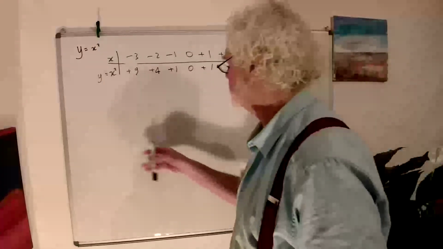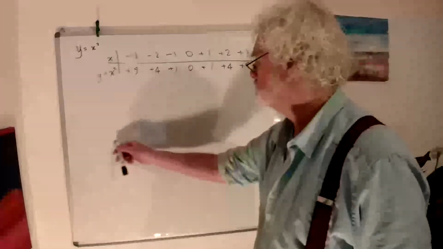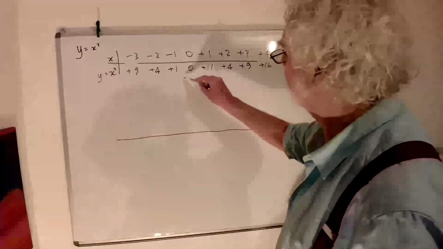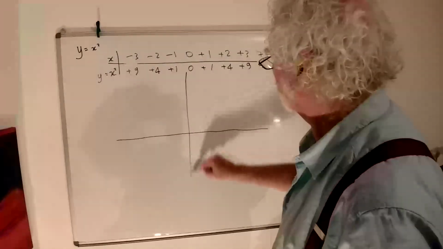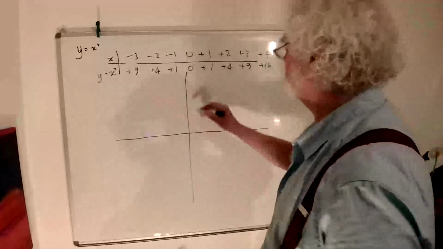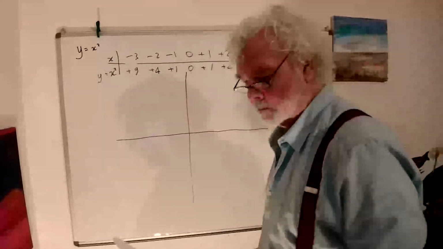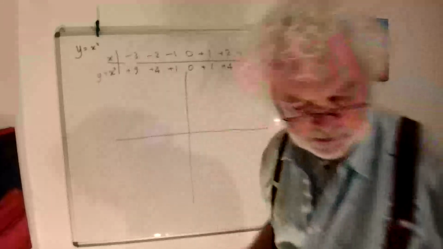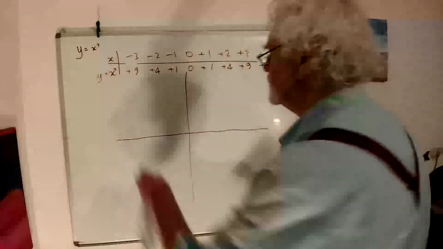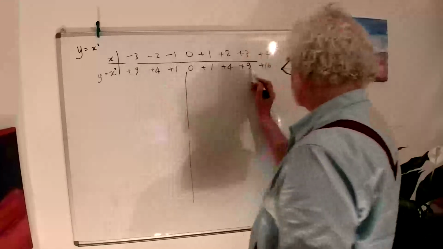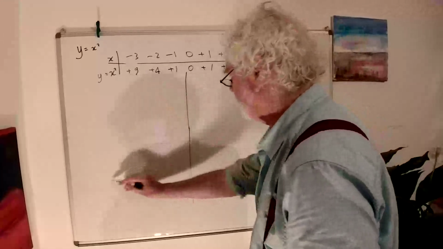So, plotting this. Upwards and downwards, we want this to go from at least up to plus 9. No, that's a bit of a silly thing I did. Knowing that it ranges between 0 and plus 9, let's put the axis down here.